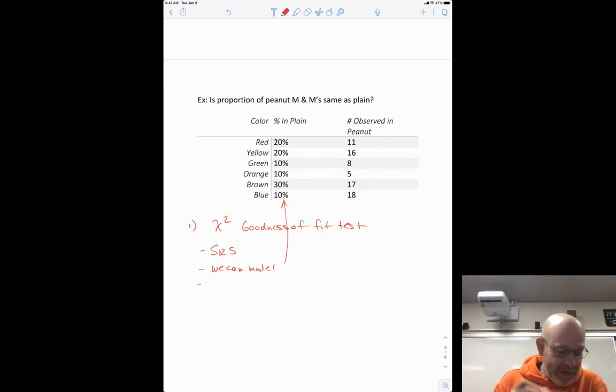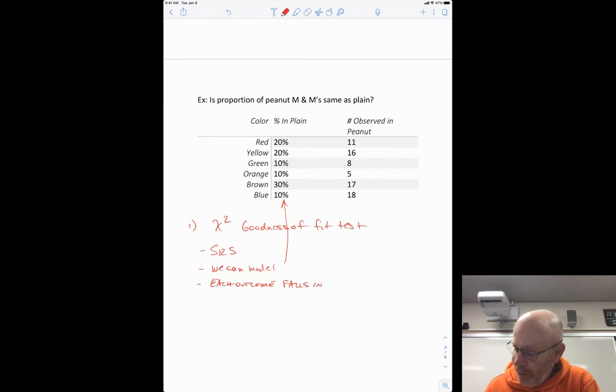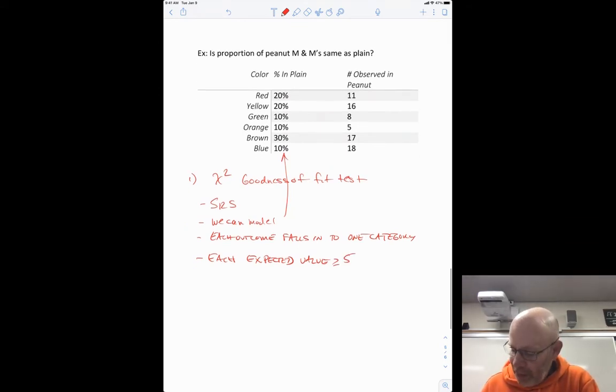The third condition is each outcome, and you can just say these ones, each outcome falls into one category. And then the last one is the big one, right, is each expected value greater than 5. So we're going to show that. I think we can say greater than or equal to is okay. So we're going to show those.